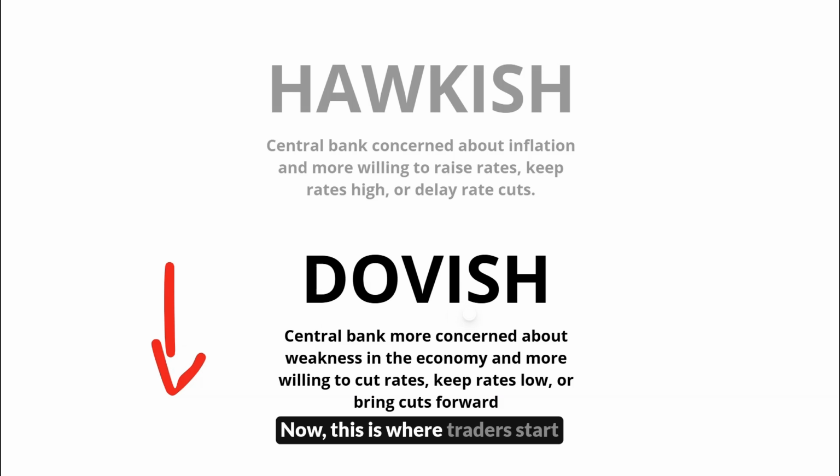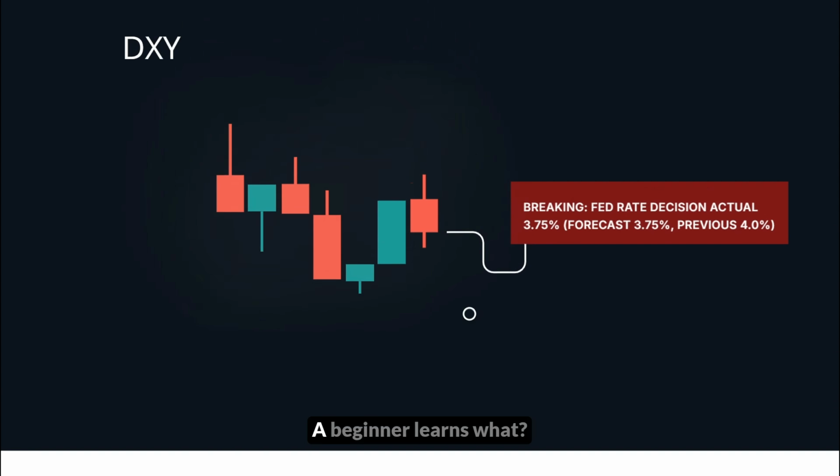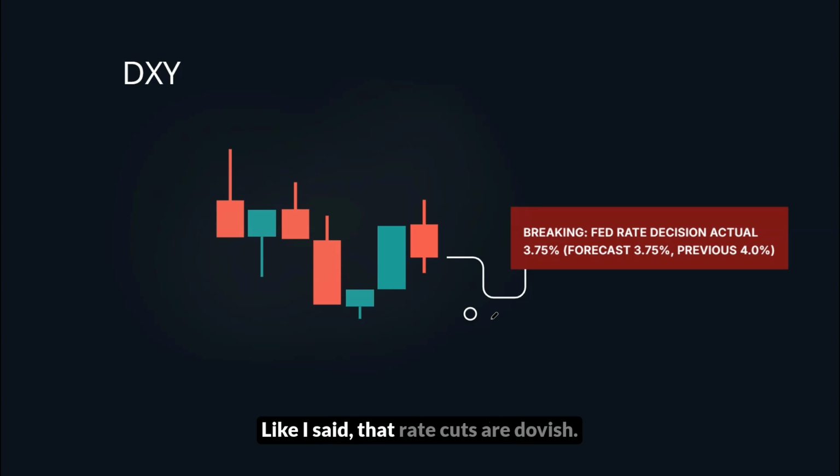Now, this is where traders start making mistakes with fundamentals, because here is a scene that plays out at a central bank meeting most of the time. A beginner learns that rate cuts are dovish, and as explained, a dovish sentiment or a rate cut is bearish for the currency because it lowers its attractiveness. Well, then a Fed meeting arrives, the Federal Reserve cuts interest rates, and what does the beginner do?